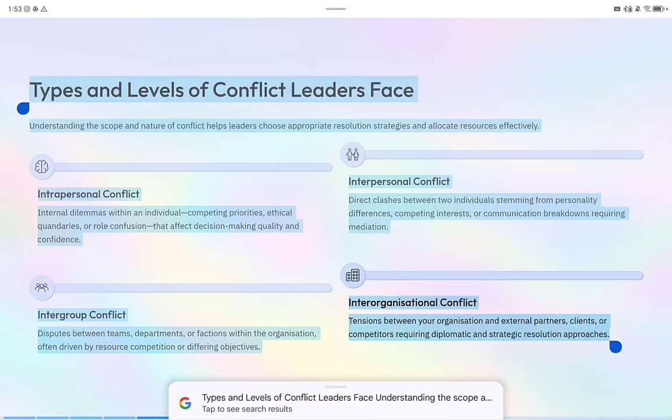Tensions between your organization and external partners, clients, or competitors require diplomatic and strategic resolution, right? A lot of times, these kinds of inter-organizational conflicts could come because of differing priorities, differing understanding of the problem statement, or differing assurances, or the break in assurances that has happened over a period of time.